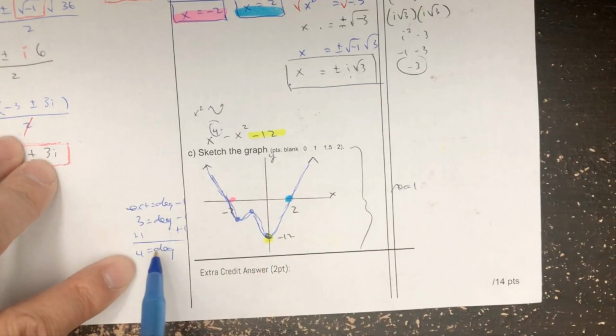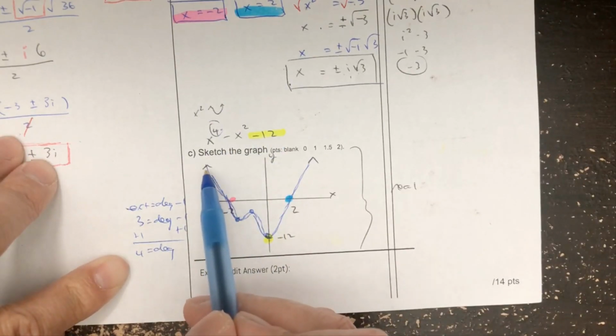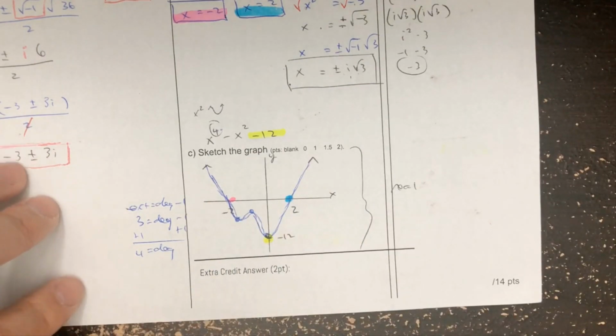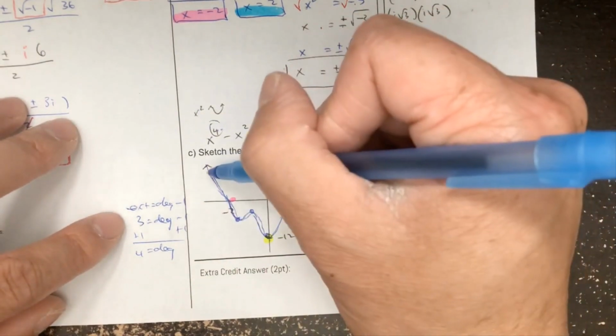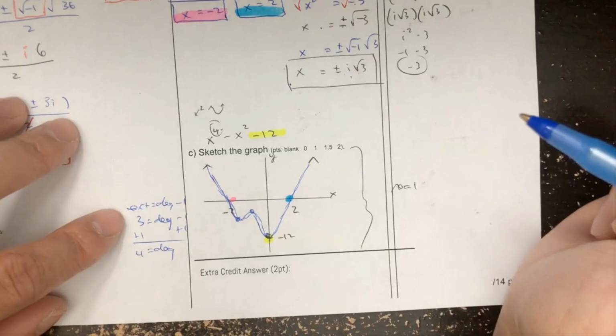So in a 4th degree polynomial, you have to have 1 less for the extrema. If I just did a quadratic, I wouldn't have enough extrema. And that's how you graph it, looks something like this. It doesn't look exactly right, but it's a W, and you should have 3 turning points.